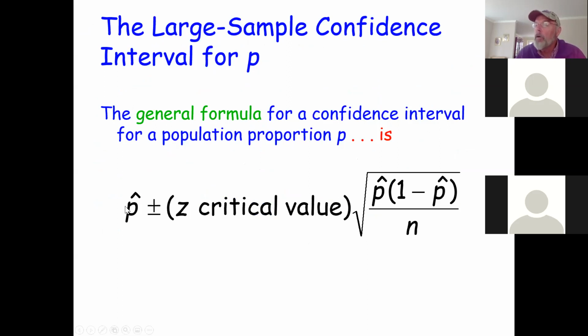Okay, so here is P hat, and we have plus or minus a critical z-score. This is the margin of error, the standard error that goes along with this general formula.